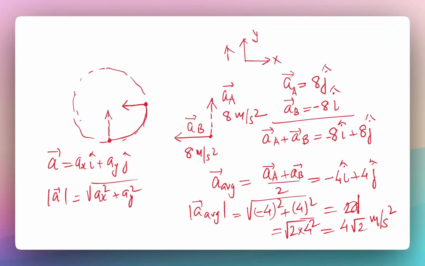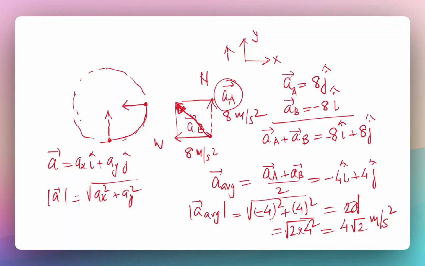Now, what will be the direction of this, by adding these two vectors, A and B, which you can see here? The direction we can find out because they are of the same magnitude. The resultant is going to be like this, intersecting at a 45-degree angle, and this is going to be our direction. So we can write what the direction is. This is north and this is west, so in between is northwest.